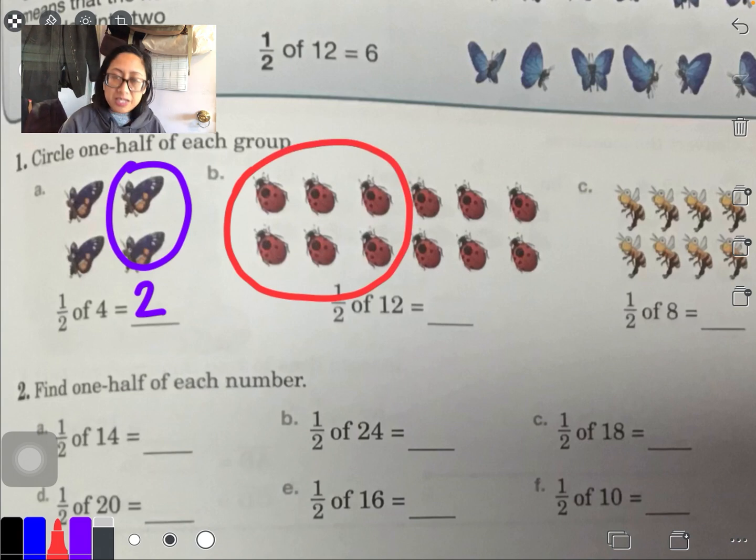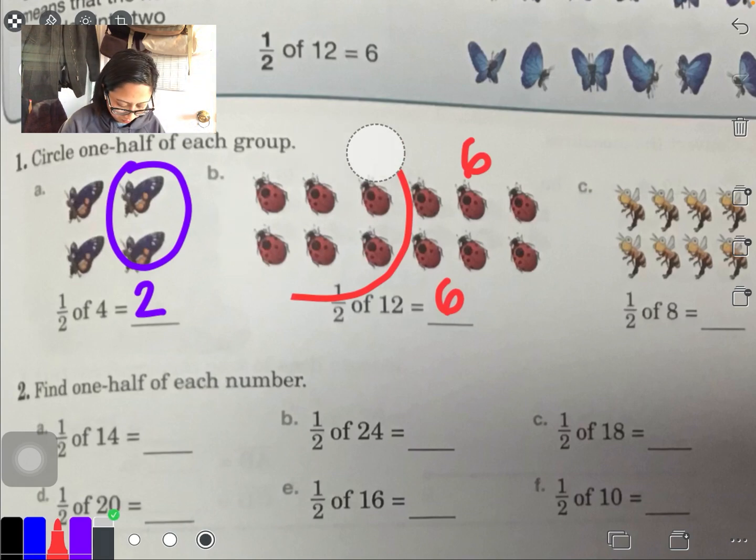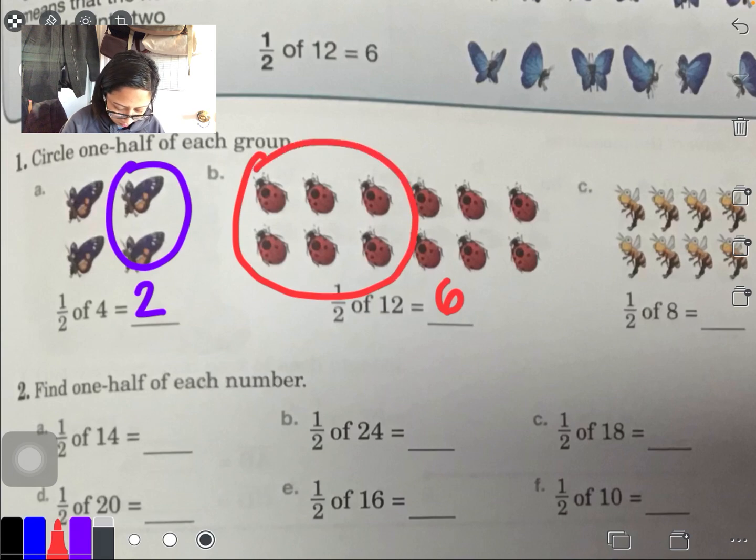So me circling this half means that there are 6 in this circle and 6 outside of the circle, and that equals 12. So that's what it means by half. Both parts have the equal or same amount of objects. So 1/2 of 12 is 6. Just erase these and recircle it.